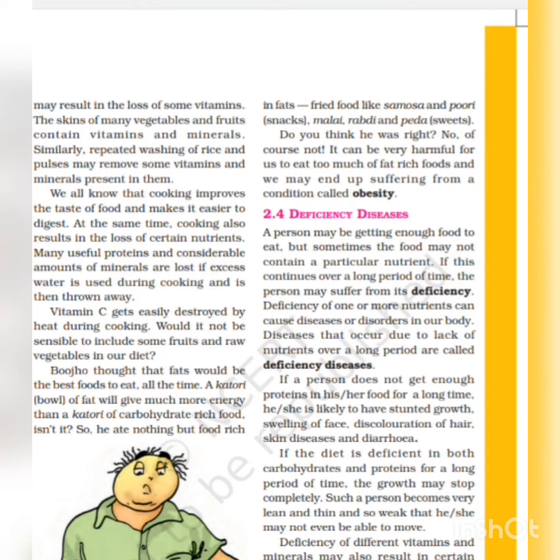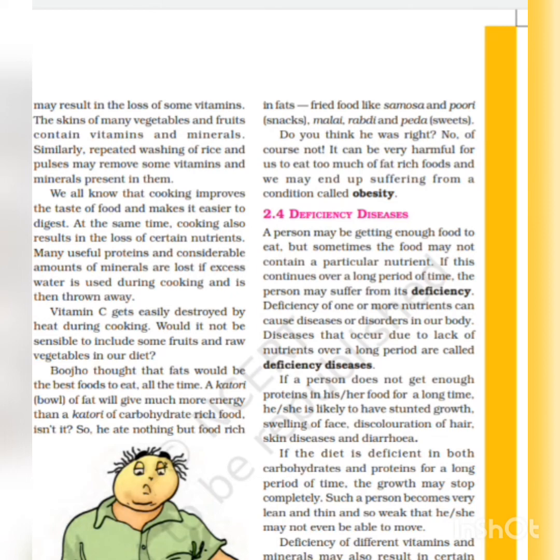Then you have a deficiency of that nutrient and you suffer from a deficiency disease, and you have to eat more of that nutrient so that your body can get it. For example, suppose you have a deficiency of vitamin A, it means you have less vitamin A in your body. You should consume more food which contains vitamin A, so that your body can get it.